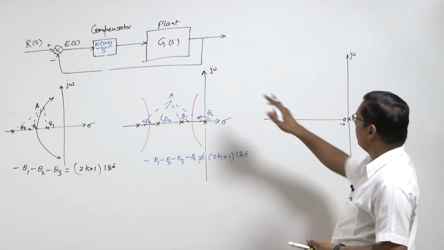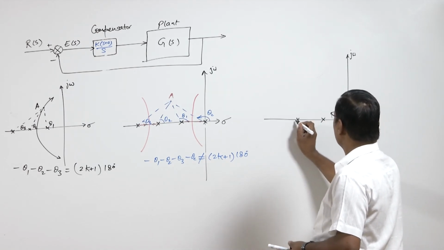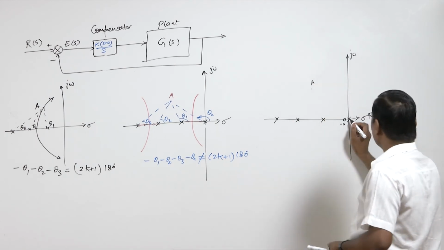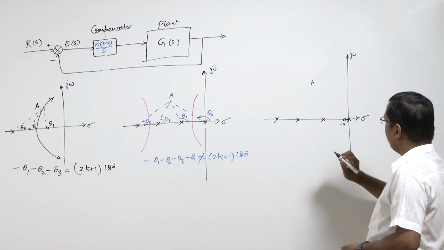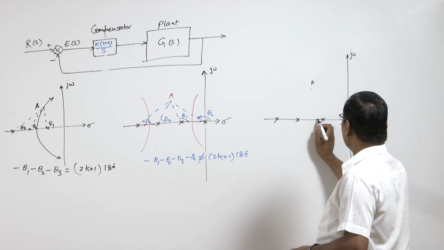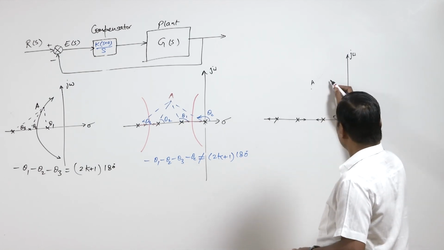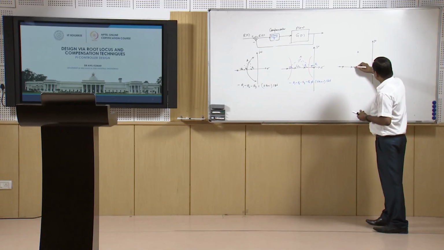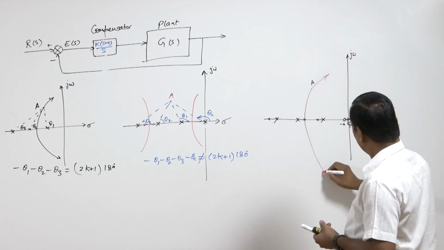So this minus a is coming here, and these three poles, and here is this point A. Now, this root locus will start at this pole and end at this 0. So, again this root locus will change and it may start going through this point A.